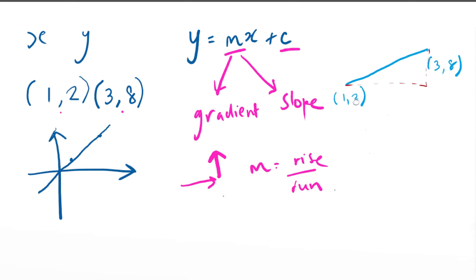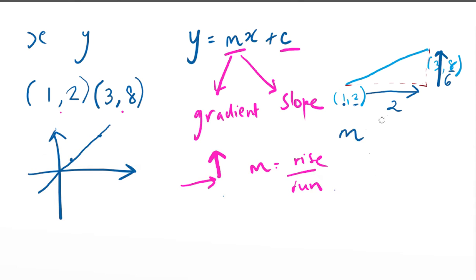Let's have a look at our rise first. If before y was 2 and now it is 8, that means it has gone up by 6. In the same way, if before x was 1 and now x is 3, it has gone across by 2.